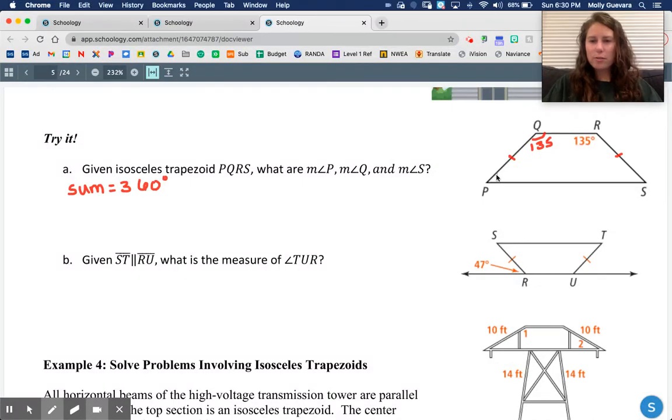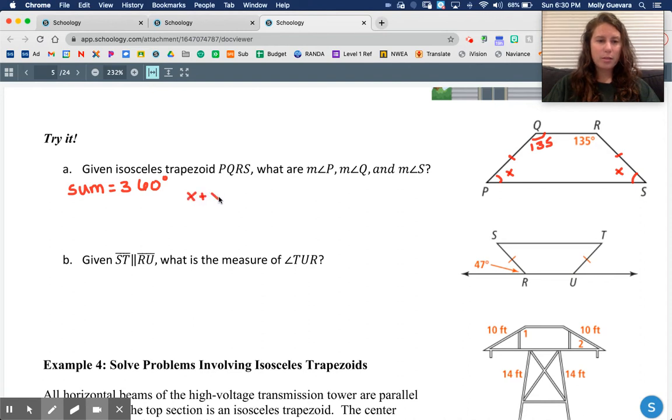And I don't know anything about P, so I can call that one X, but I do know that S is also equivalent to P, so those are both X. And I know that if I add up all four of these, it should equal 360.